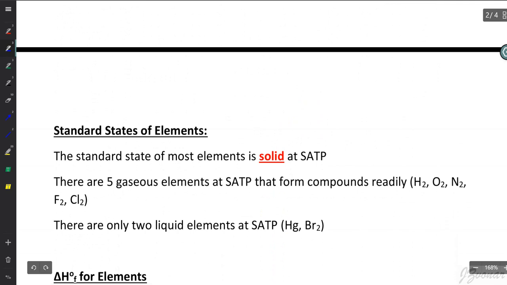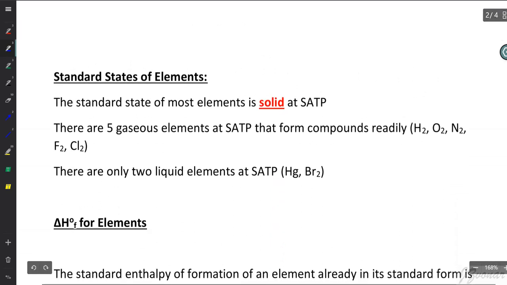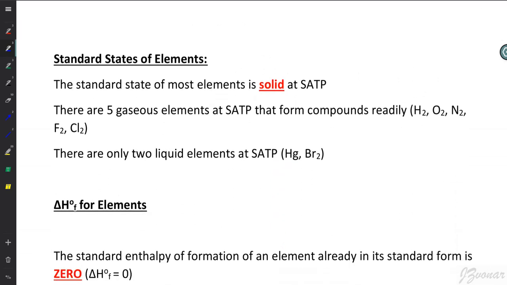Now, the standard state of most elements is going to be a solid at room temperature. We know that from our previous chemistry courses. 5 of these elements are gases at SATP and found naturally, those being hydrogen, oxygen, nitrogen, fluorine, and chlorine.